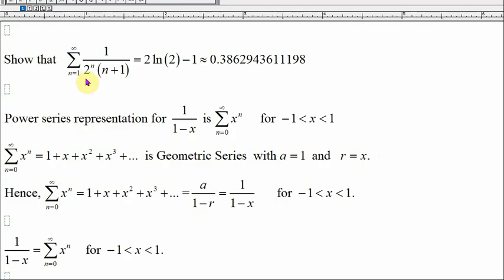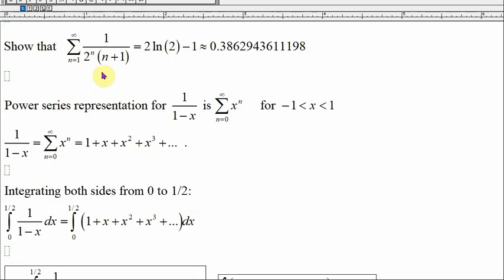And now let's show that this series with the expression 1 over 2 to the n times n plus 1 converges to 2 times the natural log of 2 minus 1. Recall that the power series representation for the function 1 over 1 minus x is the summation with the expression x to the n, where x is between negative 1 and 1.